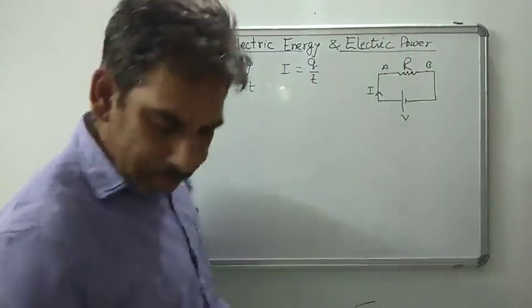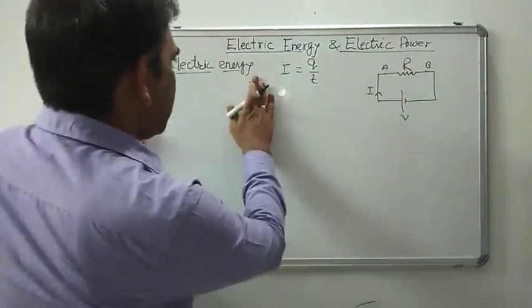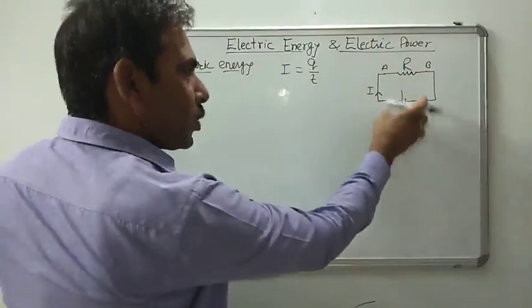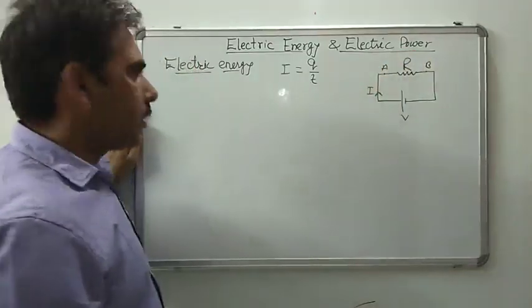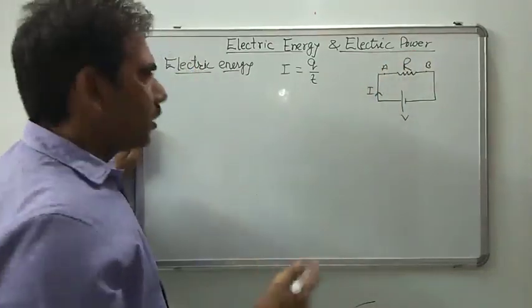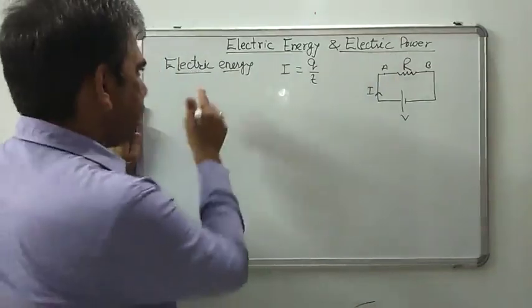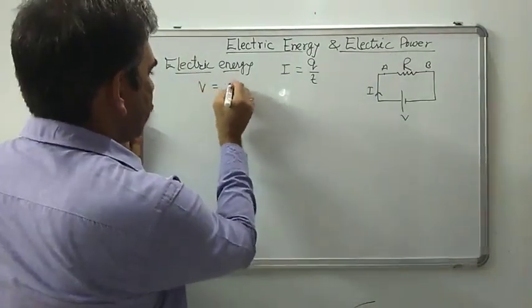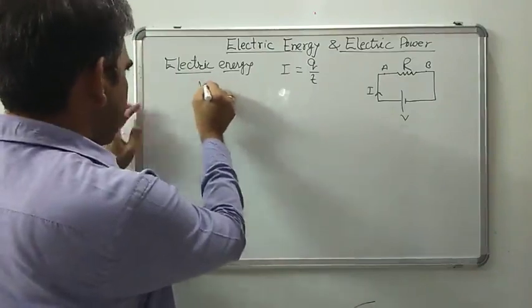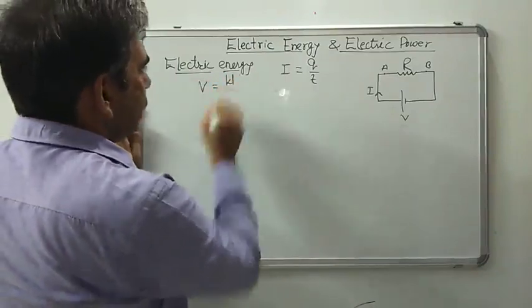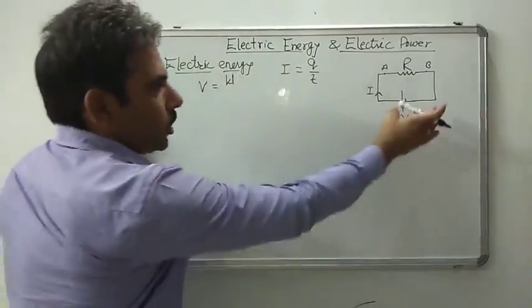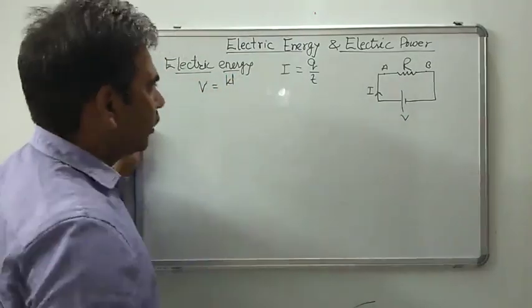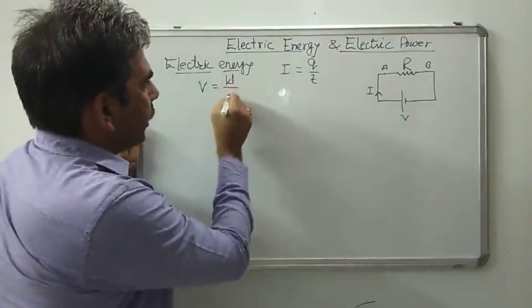So that means, from the definition, this electric potential is making the charges move through this resistor R. So for this electric potential which is making the charges move, we can write V is equal to, from the definition of electric potential, the work done by this source, because this source is having potential V, per unit charge.